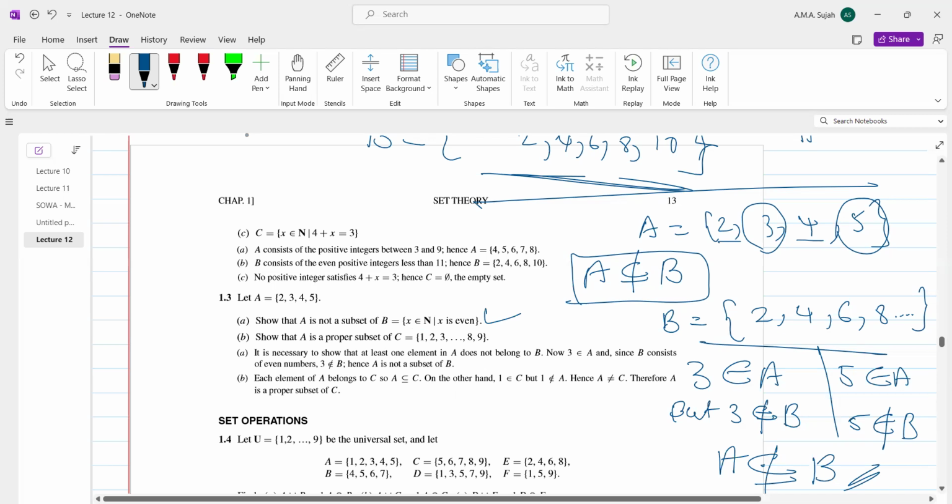Already we know A: A has 2, 3, 4, 5. Now they are giving a set C. So how can you prove it to be a proper subset?